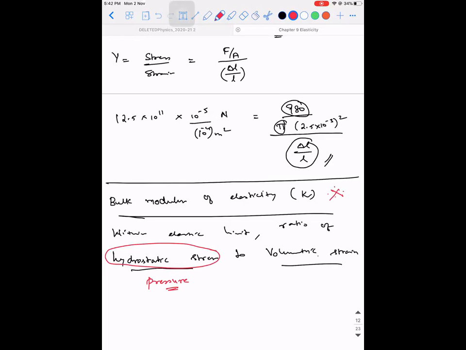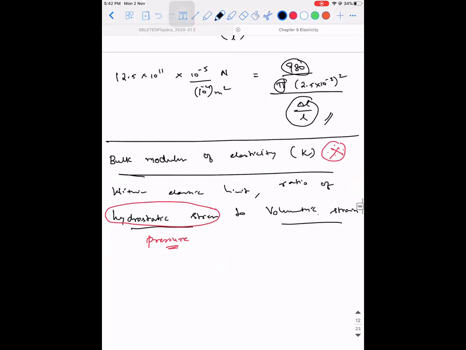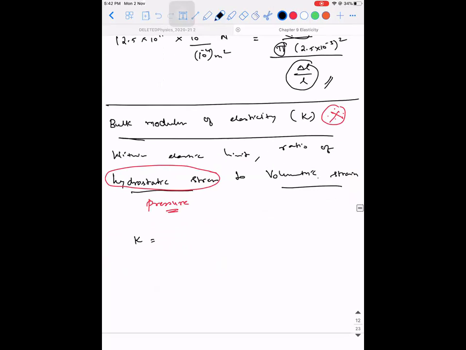Remember, this is an important concept in thermodynamics. Like how you learn thermodynamics in chemistry, we'll be seeing it in physics also. So at that point, I'll be using this term. Okay. So kappa, we can write it as pressure divided by volumetric strain, which is delta V by V. But remember, hydrostatic stress means, revisit the definition, the force is applied perpendicular from all the directions.